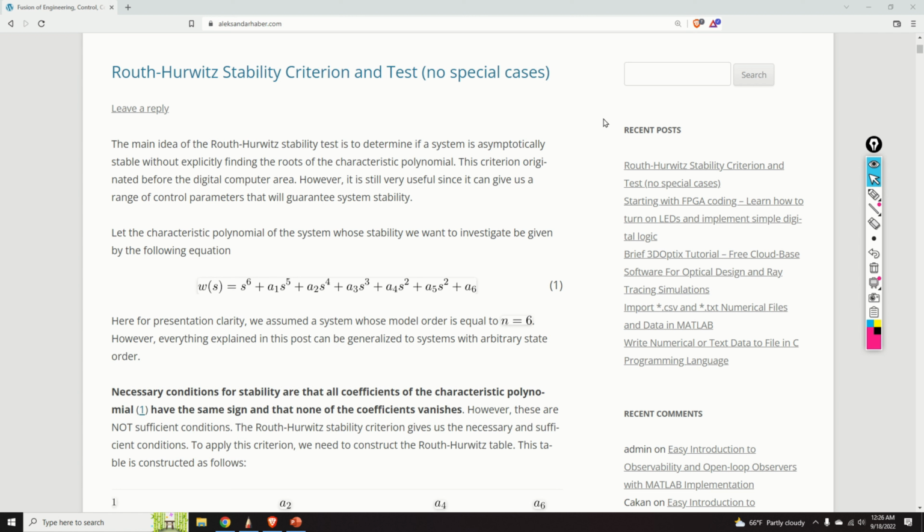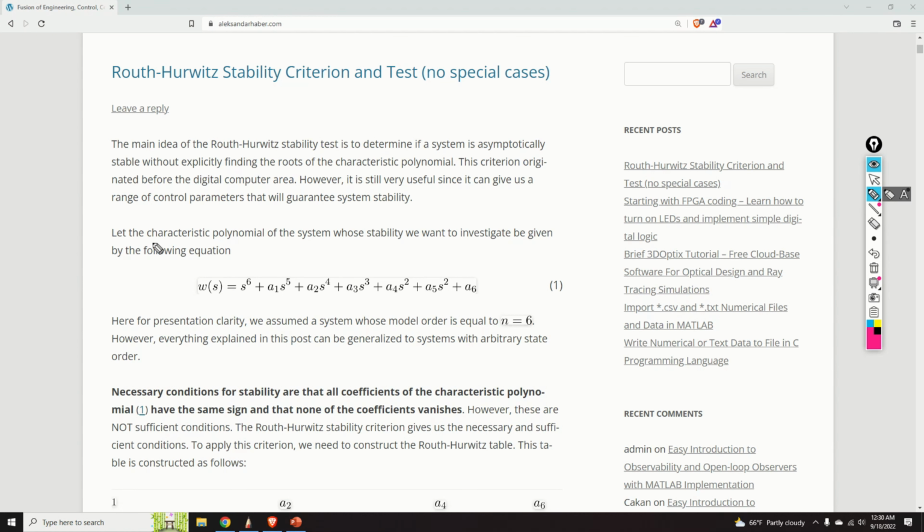Is this criterion still useful? The answer is yes, we still need this criterion since it can give us a range of control parameters that will guarantee system stability. For example, when you want to tune a PID controller, this criterion can give you bounds on proportional, derivative, and integral parameters or gains that will guarantee the system stability.